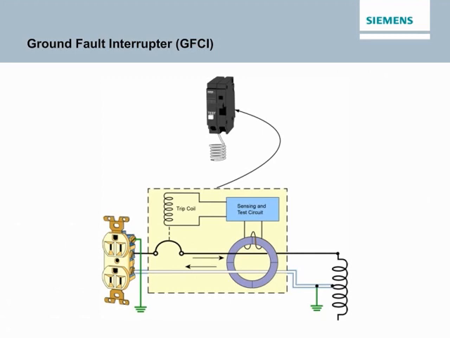Anyone coming in contact with the appliance or the wet surface is at risk from the ground fault. If the circuit providing power to the hairdryer is protected by a ground fault circuit interrupter, however, the GFCI will sense the ground fault, open the circuit, and remove power from the hairdryer.